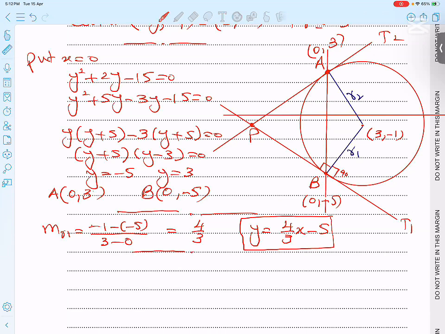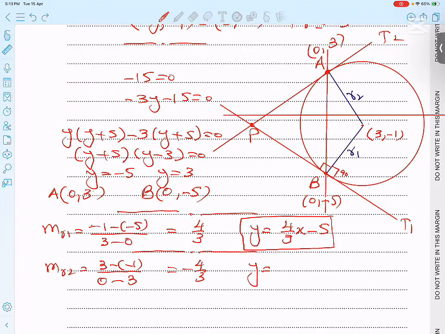And let's go for the second one. So the gradient of R2, y2 minus y1, it is understood, but anyway, I'll find it. Okay, and I got -4/3. Sorry, I think I made one mistake, because this is 4/3, but when we write this one, it is -4/3, a negative.